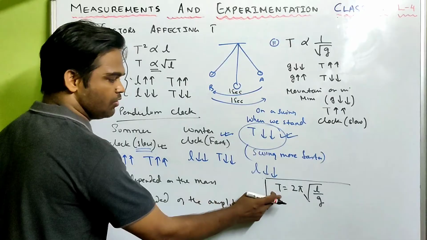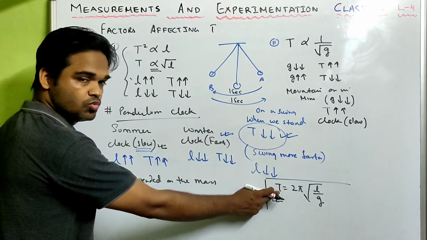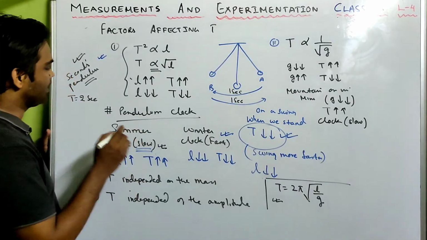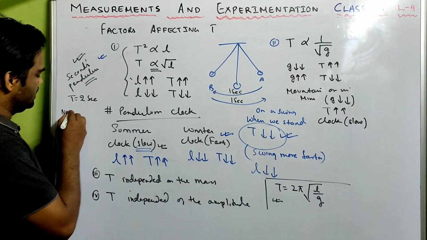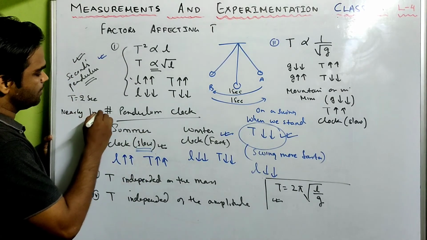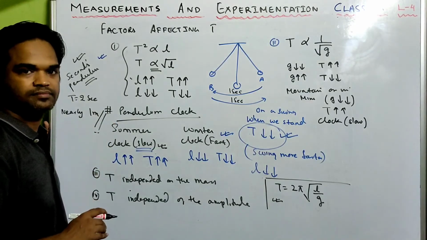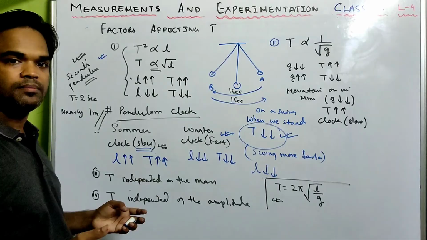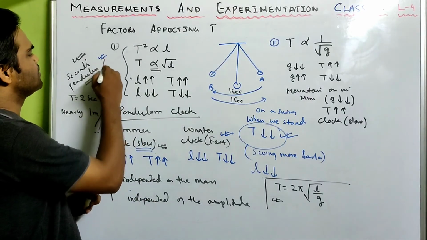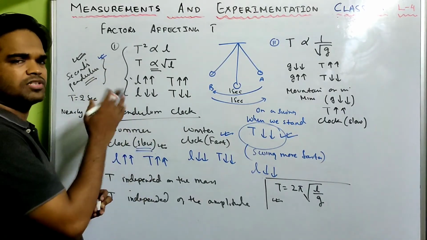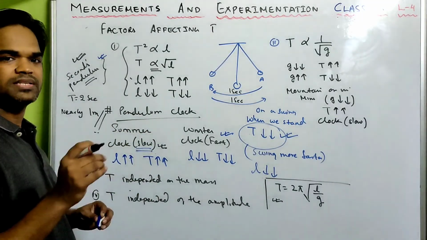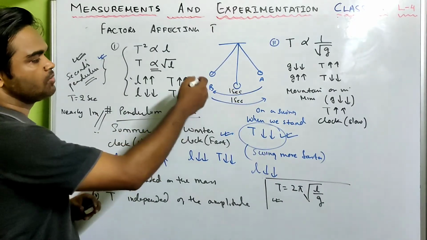And if you put the value of T as 2 and calculate the length of the seconds pendulum, it's nearly 1 meter. Okay, I hope this is clear. What is a seconds pendulum? In the pendulum clock you have this only, where it takes 1 second to move from A to B.